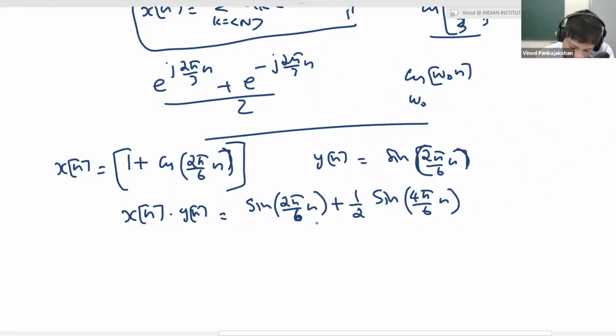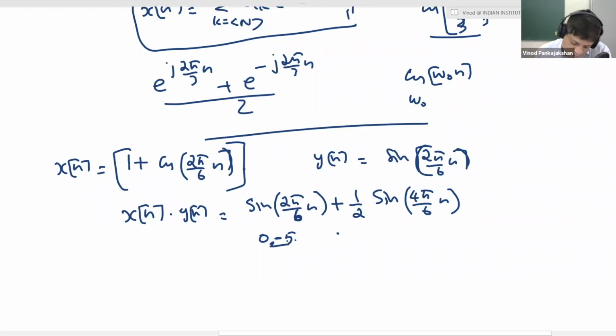And which are those coefficients? Since the Fourier series coefficients of a discrete time periodic signal are N periodic, we need to find them for any N continuous values. So here I am trying to find the values from 0 to 5.